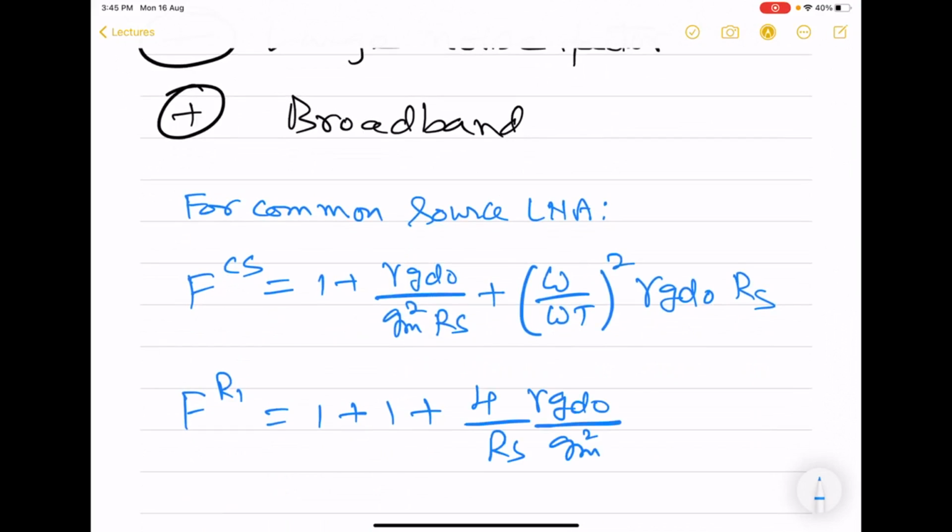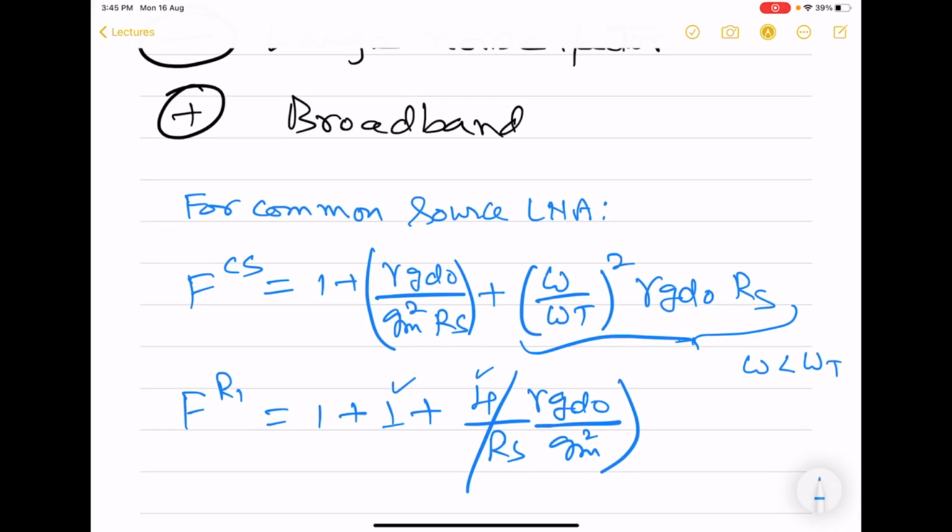So you can say that here the same term appears, but now we have a factor 4 here, and then we have a term 1. And this term is going to be small because omega will definitely always be smaller than omega T. So this is going to be small.